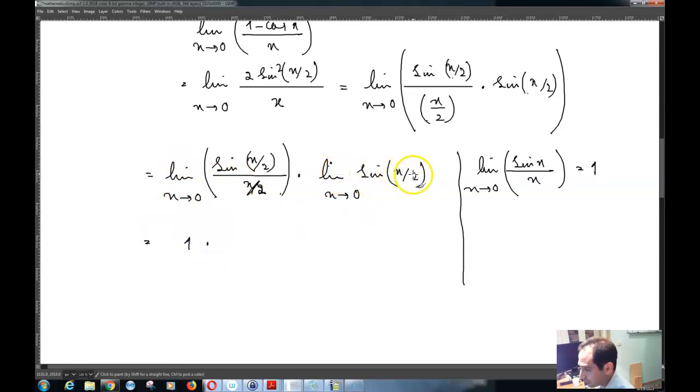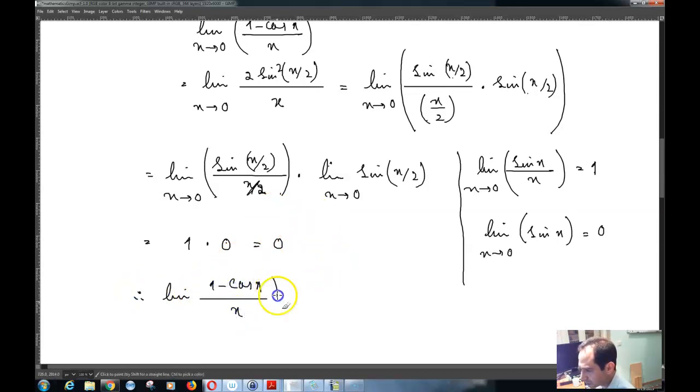And the limit of x divided by 2 when x tends to 0, you can take as the limit of sine x when x tends to 0, which is equal to 0. So this is equal to 0, and so this is equal to 0. So then the limit of 1 minus cos x over x as x tends to 0 is equal to 0.